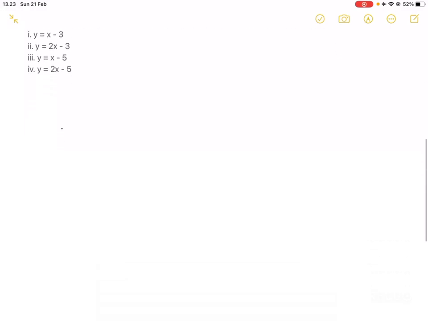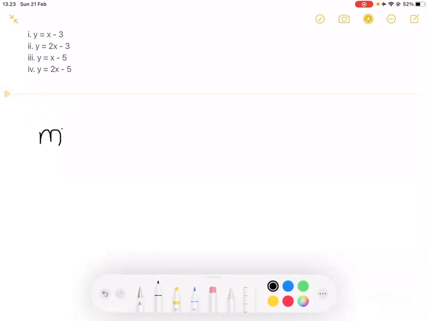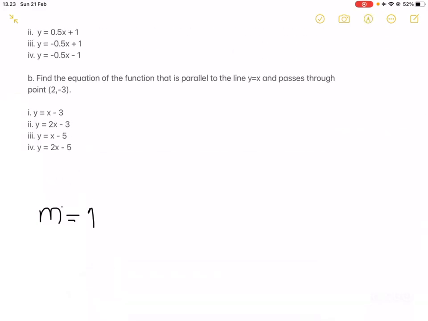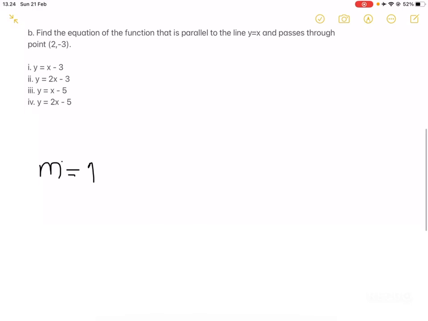So the gradient of our temporarily unknown equation will be 1, because the gradient of y equals x is just 1, and to maintain that property, the gradient of our unknown line must be 1.